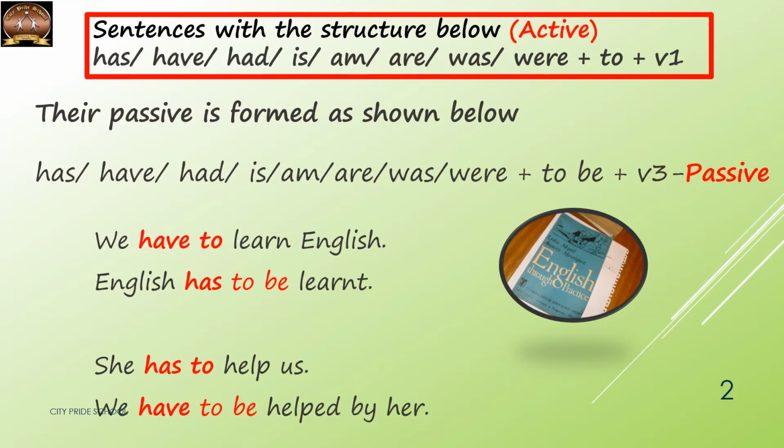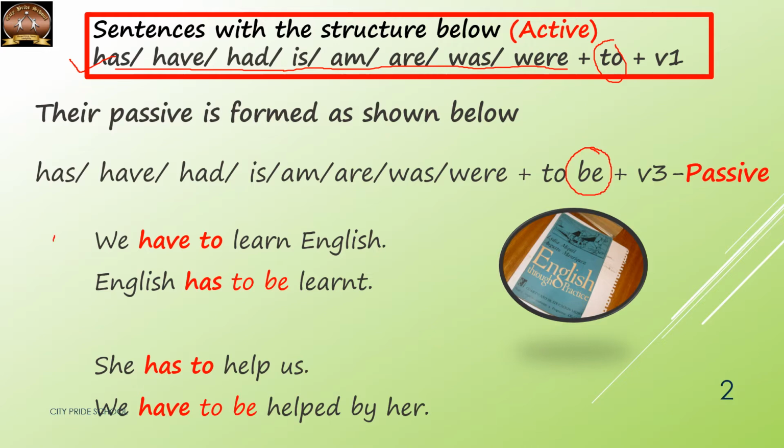Children, the sentence in active voice has a structure like this, meaning the helping verbs, auxiliary verbs like has, have, had, is, am, are, was, or were are followed by to. Then we simply have to insert be to change them into passive voice, like it has been done here.